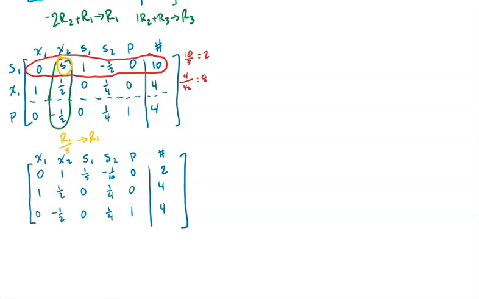Right? Now again, we have another entering and exiting variable. So on the left-hand side, x2 is going to go where s1 was. Then we still have x1 and p. Those didn't exit, so those don't change.